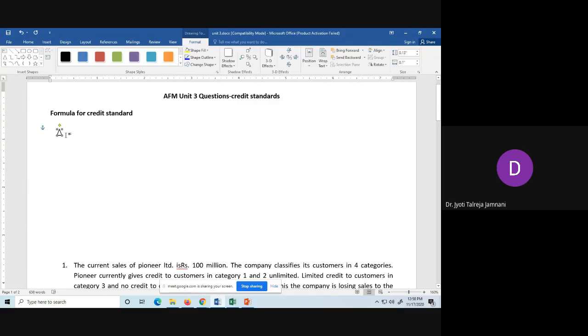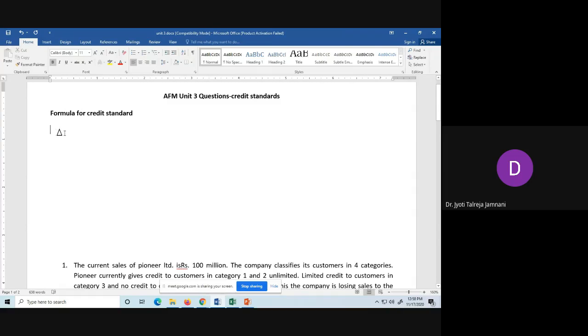So the formula starts with delta RI. This is the sign of delta. I will mention it here as delta RI because the sign is not working, but in the exam you can write that triangular sign of delta.